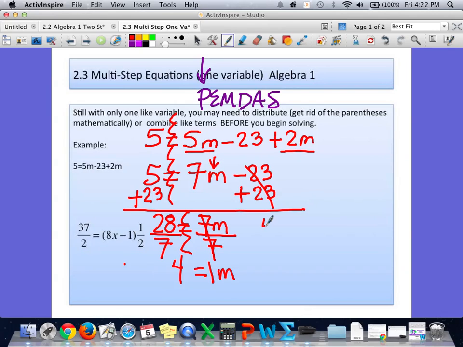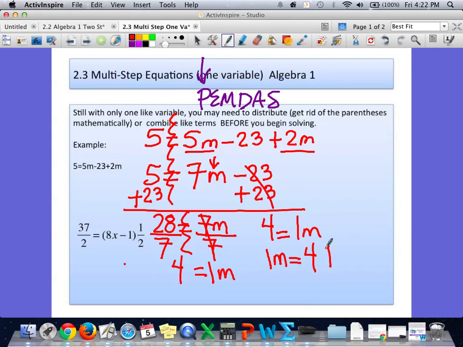Now, let me show you one. We haven't really talked about this property yet, but I'll go ahead and introduce it to you. If I have 4 equals 1m and I just can't stand the variables being on the right, I can rewrite it and switch it around as long as I don't change the sign. It's still positive m and it's still positive 4, but I just turned it around.